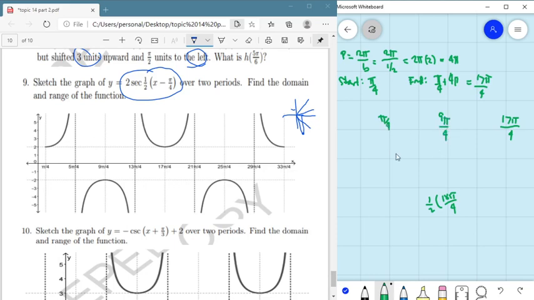Earlier, 10 pi over 4 times 1/2 is 5 pi over 4. Then we have 9 plus 17 is 26 pi over 4, times 1/2, it's 13 pi over 4.